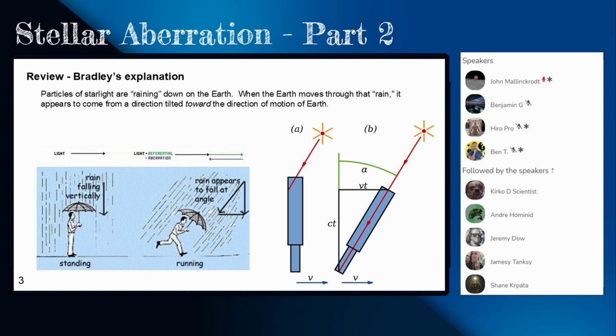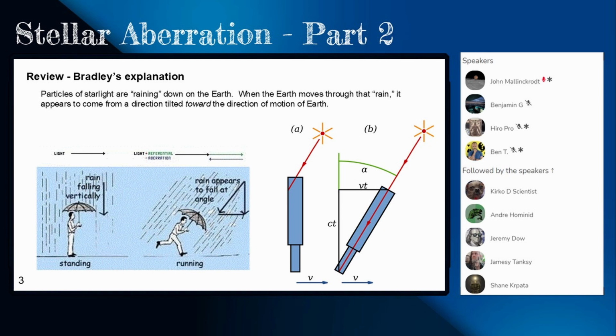Just like if you move through actual rain, you have to tilt your umbrella forward to shield your body, because now to you, the rain appears to be coming down at an angle tilted toward the direction of your motion. And as the diagram shows on the right side of that picture, if you had a telescope, that telescope, if the Earth weren't moving, might be looking straight up at the star.